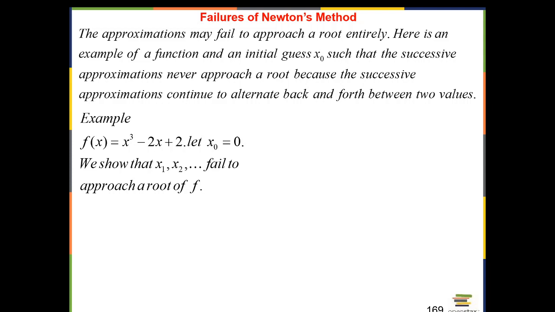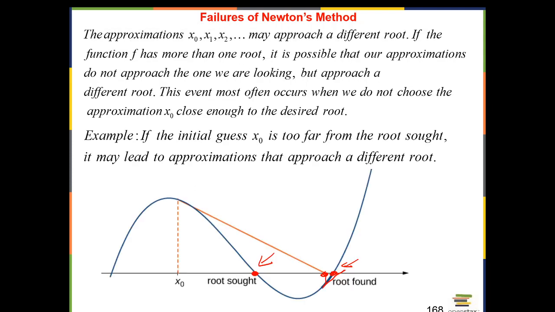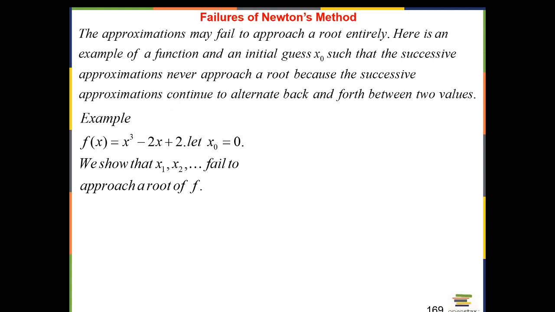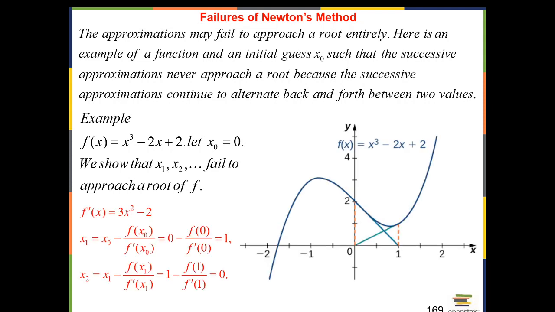Okay. And so the approximations may fail to approach a root entirely. Here is an example of a function and an initial guess. So here we go. What happens is, in this case, let's say we start with this initial guess, and the root is over here.